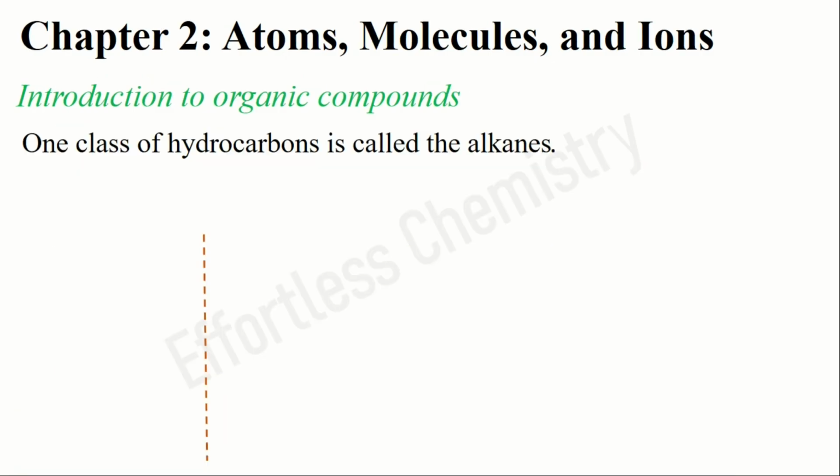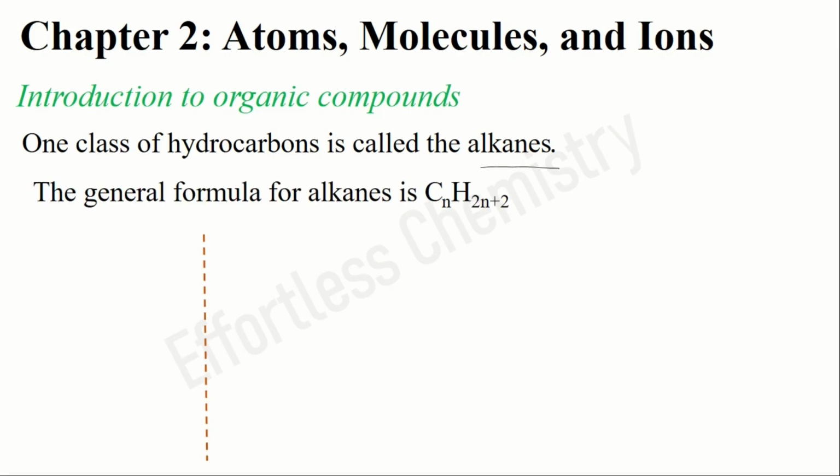I mentioned one class of hydrocarbons is called alkanes. There is a general formula for alkanes; how to distinguish alkanes and how to write them using this formula, how it works: consider if n equals 1, and if we substitute 1 instead of n in this formula, we can create this compound, which is called methane.